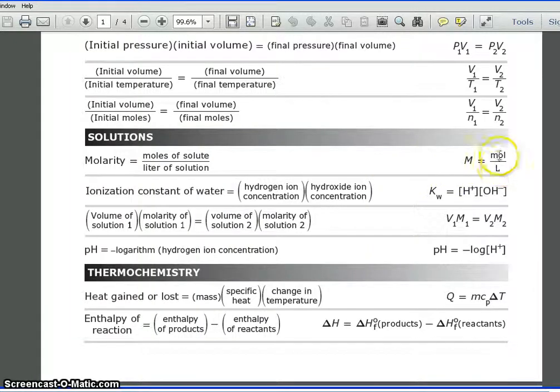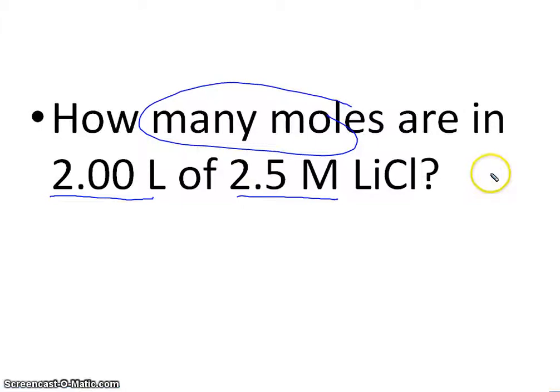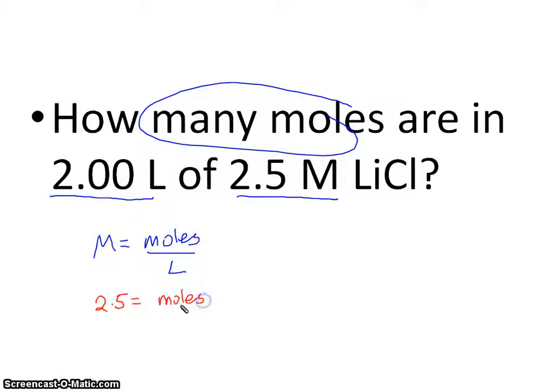M equals moles divided by liters. Now we write our numbers in. M we know is 2.5. Moles, we don't know that. Divided by liters is 2.